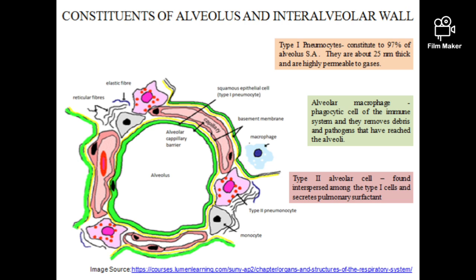These alveolar macrophages are phagocytic cells that are part of the immune system, and they are extensively located in this junction of alveolar and interalveolar walls because this particular region is highly exposed to infectious organisms. These macrophages engulf the pathogen and digest them, and thus help in preventing the spread of any infections through the respiratory tract.